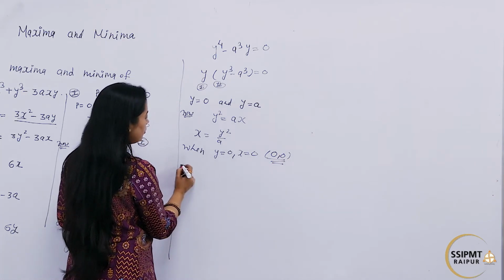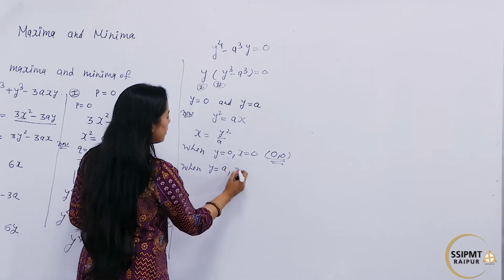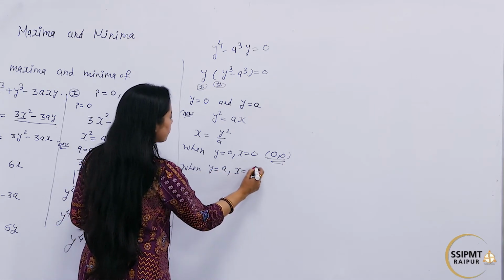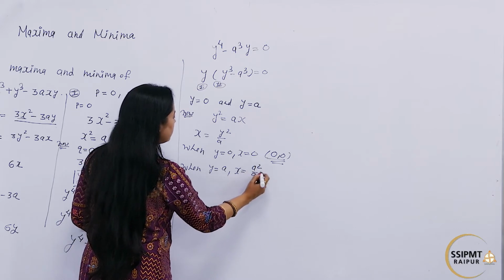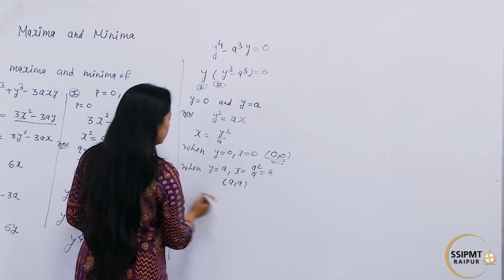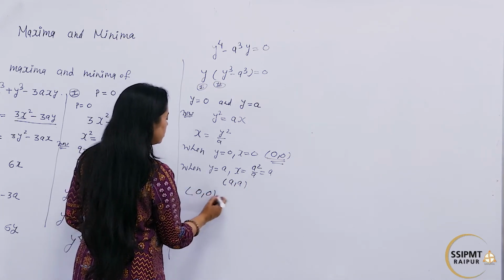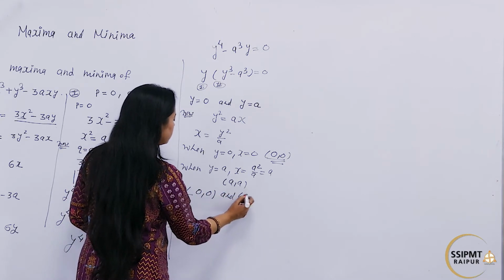And next, when y is equal to a, x will be a square by a, that is a. So the next solution is (a, a). So we have two solutions, and they are (0, 0) and (a, a).